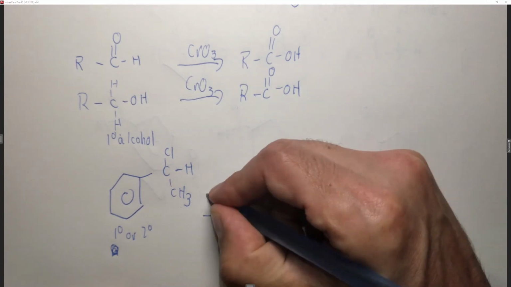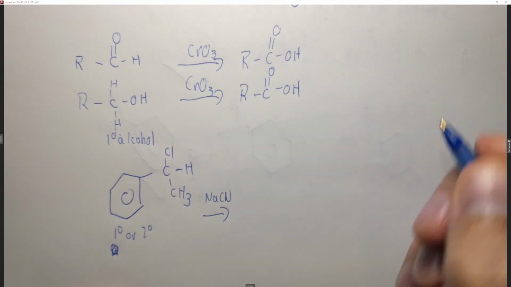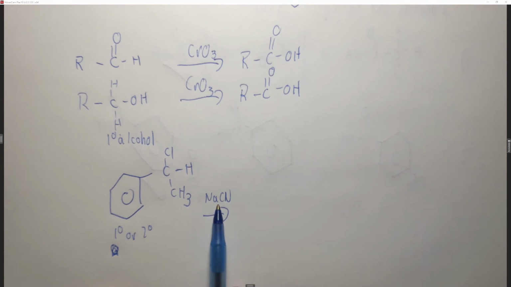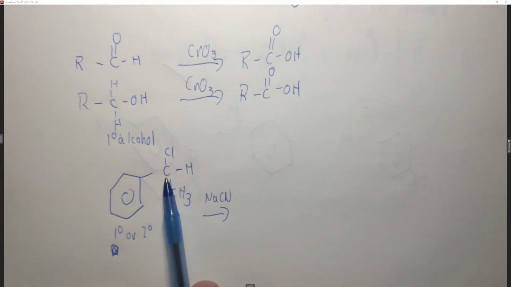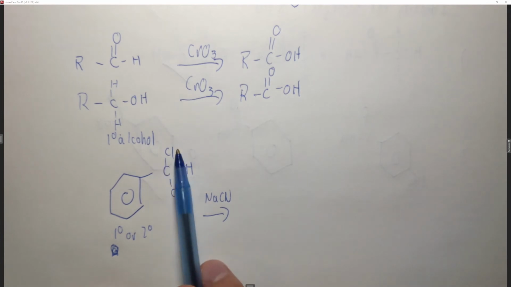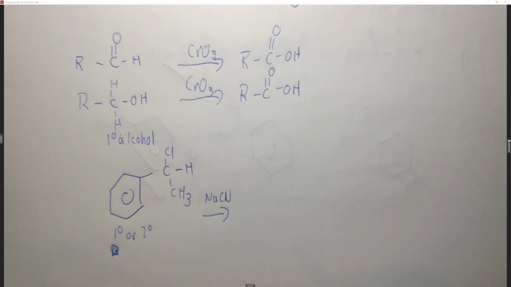If we use NaCN, sodium cyanide, a nasty chemical, the CN minus can actually undergo an SN2 reaction here. So this comes in, you get the transition state where this is coming out and this is going in, and then this continues to come in and kick this out, and it's an SN2 mechanism.